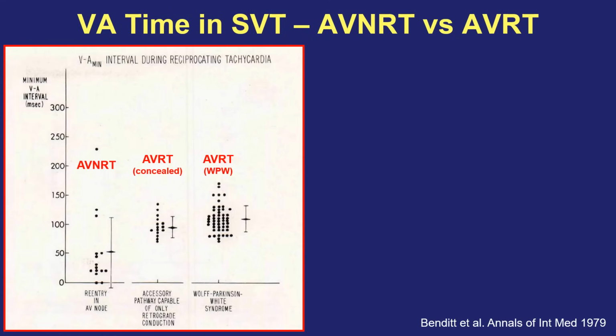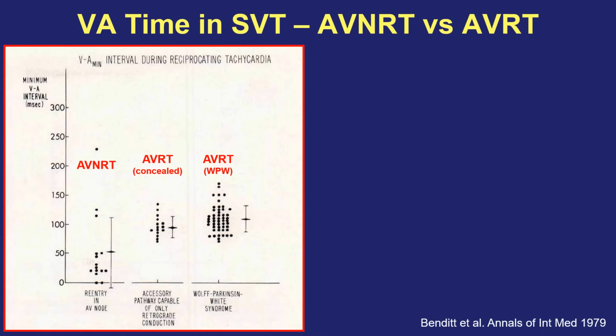Here's a manuscript from 1979 that looked at the shortest VA interval during different types of reentrant SVT, including AV-NRT, AVRT with a concealed accessory pathway that only conducts retrograde, and patients with AVRT and overt WPW where their pathway conducted in both directions.